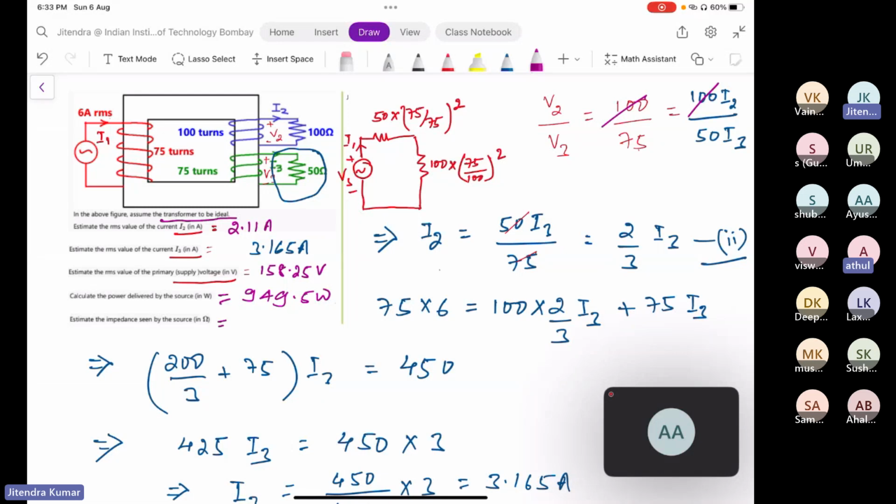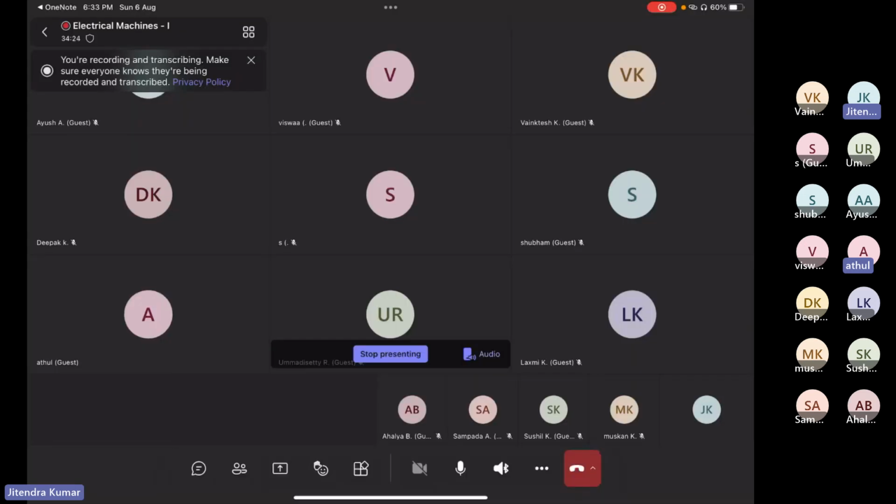Sir, what is the actual formula for finding the power delivered by the source? Can we use the I square R formula or the V1 into I1 formula? No, it should not be found directly. First, find out how much is the load power and add the losses, if there are any.